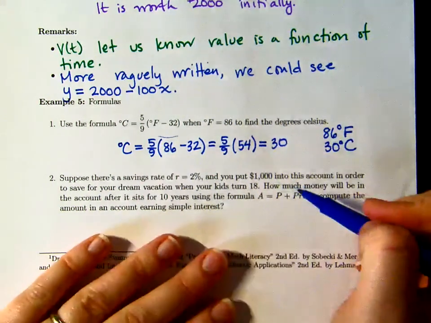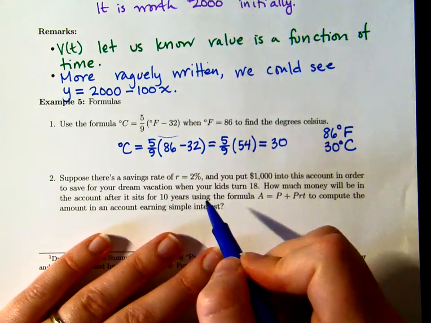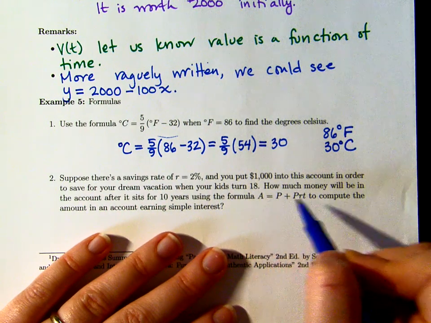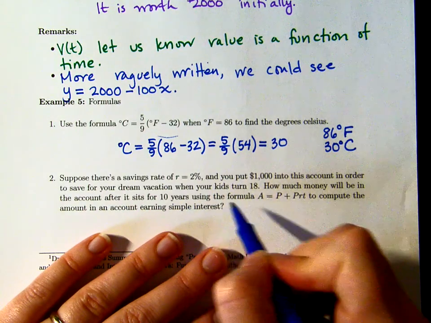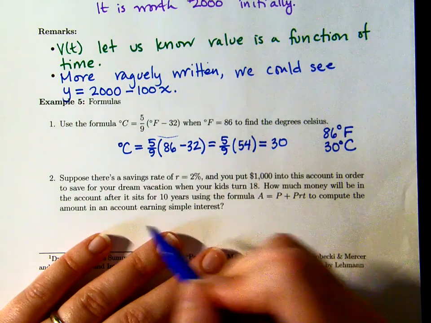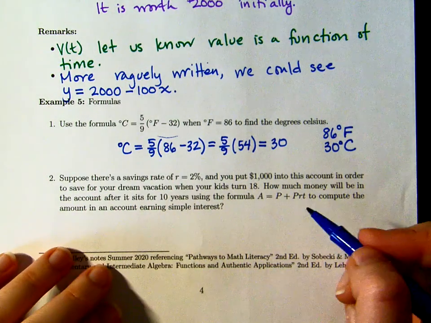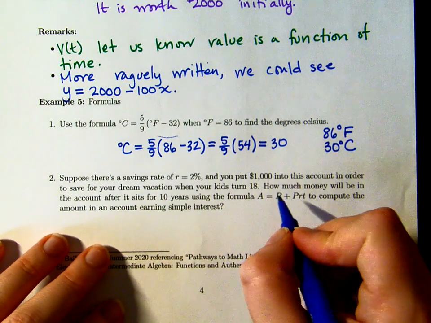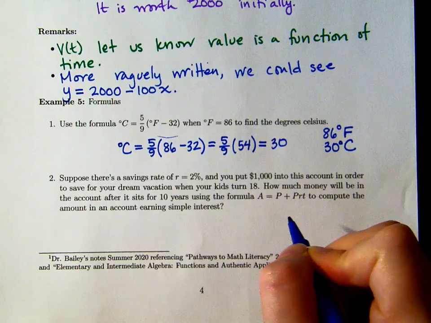So okay, you put $1,000 into an account, save for your dream vacation when your kids turn 18. How much money will be in the account after it sits for 10 years using this formula to compute for earning simple interest? Okay, well, let's do it. So P, it's all about what value goes in for what variable.